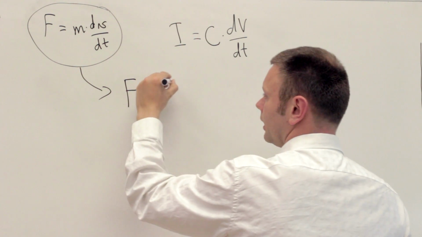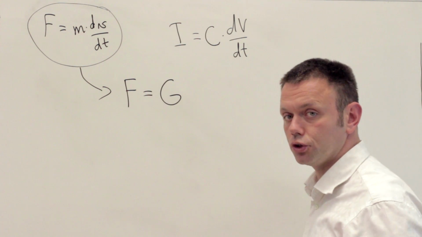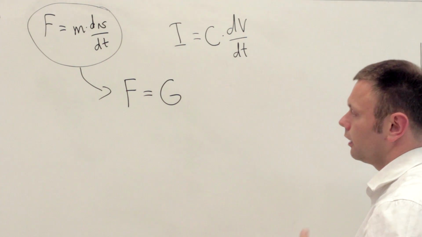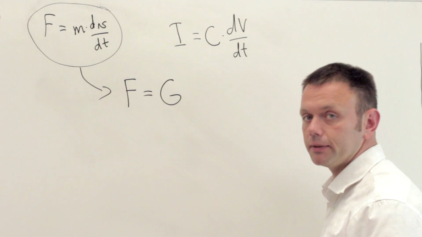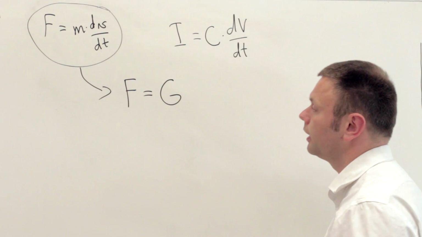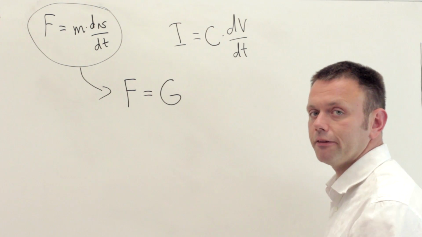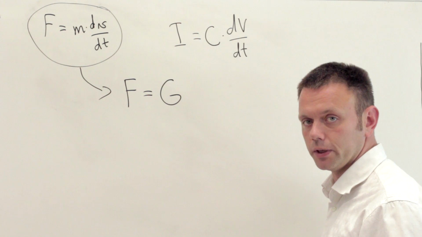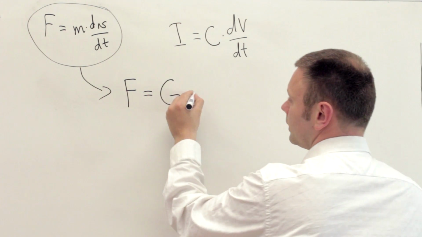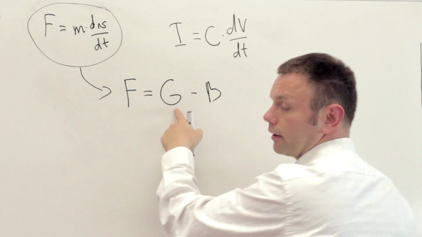One of them is a gravitational pull, capital G. This is the gravitational pull equal to the mass times the gravitational constant, small g. But also, there is a frictional component acting on our body, falling down. And this one is acting in the opposite direction to the gravitational pull.